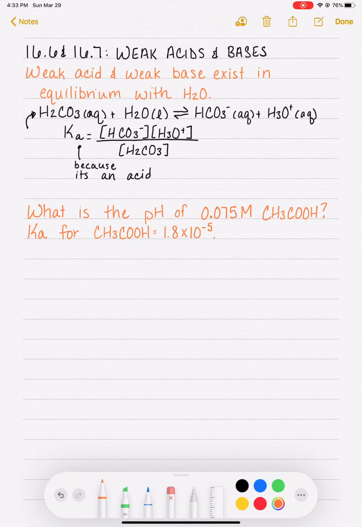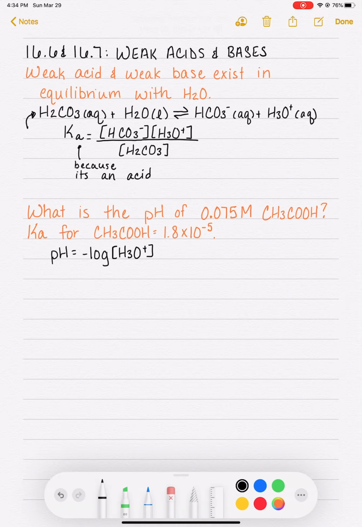Now, in section 16.5, we talked about how to calculate the pH for a strong acid or a strong base. First of all, we have to remember that the pH is the negative log of the H3O plus ion. So in order to calculate the pH, we need to know the concentration of H3O plus.